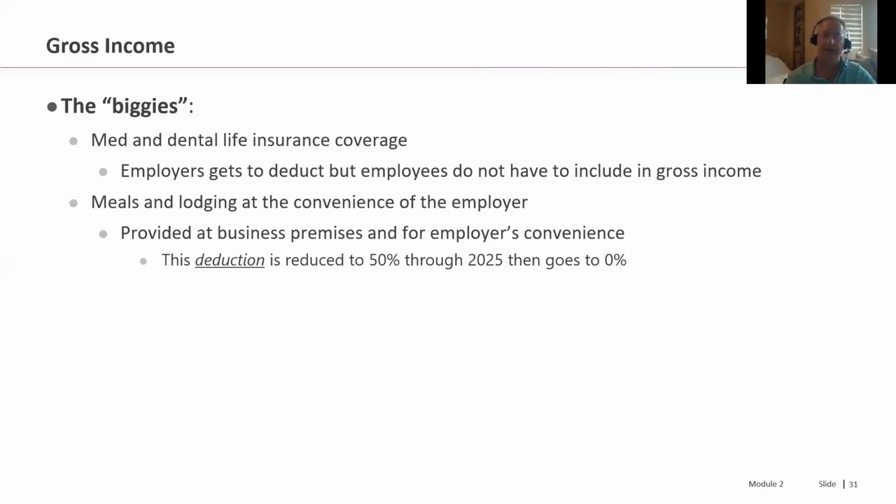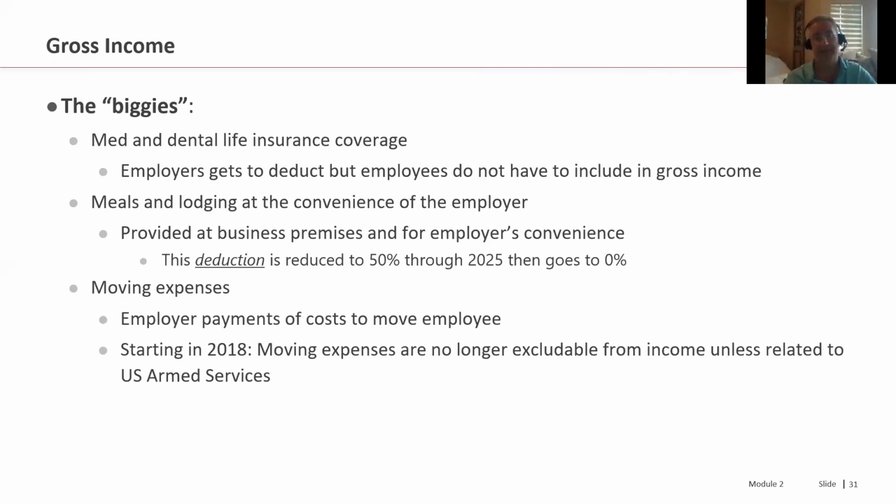However, starting with 2018, that deduction is reduced to 50%, and then in 2025, it goes to 0%. So think of that as they're not eliminating the exclusion from the employee's income. Rather, they're eliminating the deduction on the part of the employer, which will make that basically a non-qualified fringe benefit.